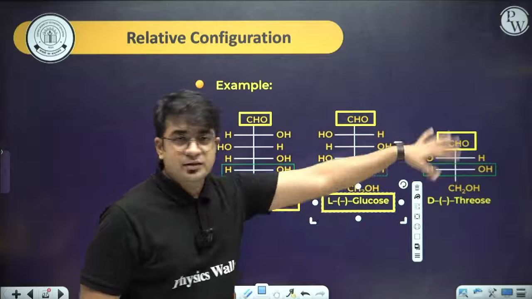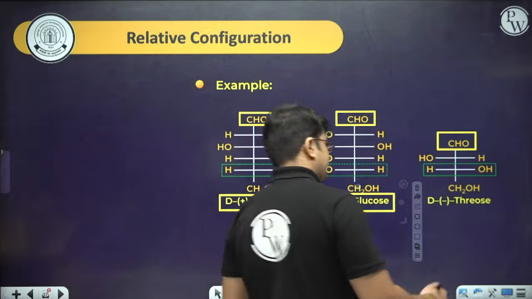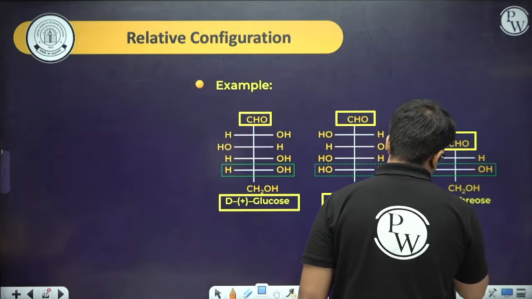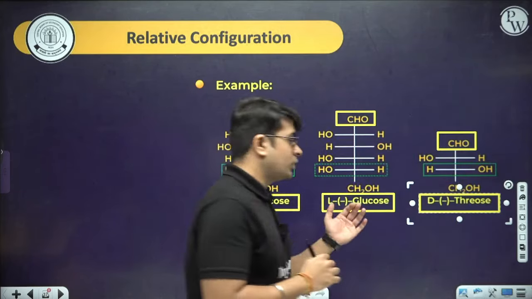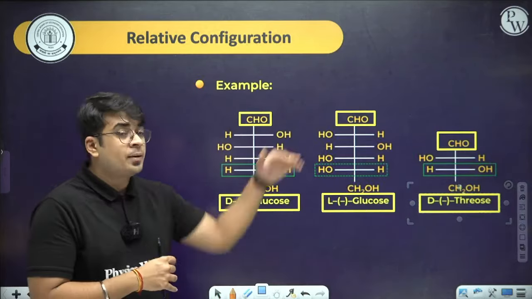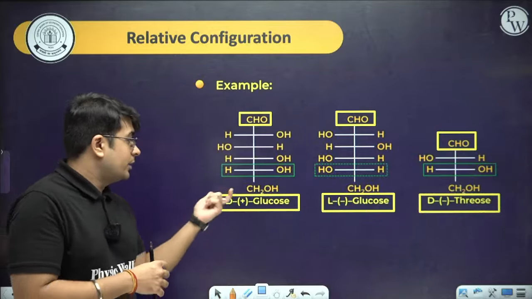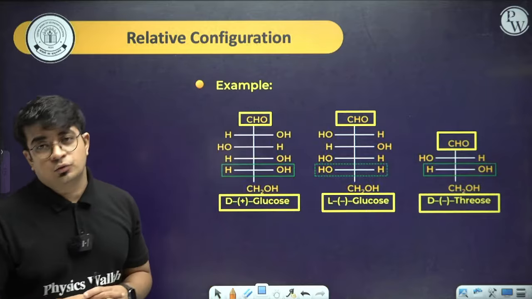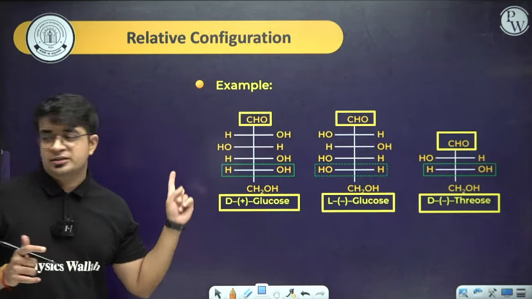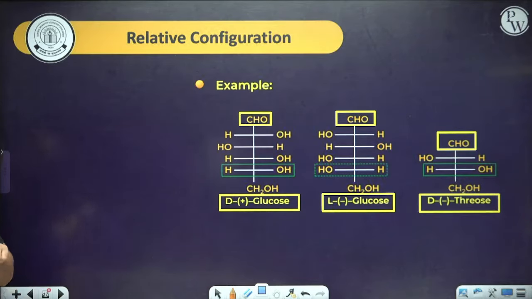In this case, it is present on the right hand side, so definitely it's going to be D configuration. But the name of the sugar is going to change, depending upon the number of carbon atoms. So that will be glucose, D glucose and L glucose, and that one will be 3-ose. I hope this entire part is clear. Just have a look at it.